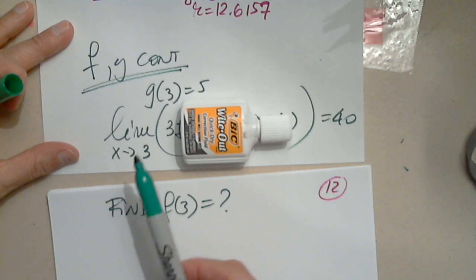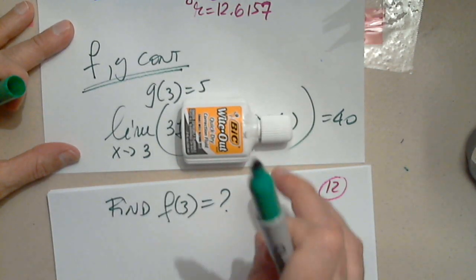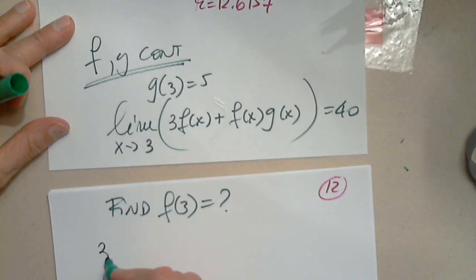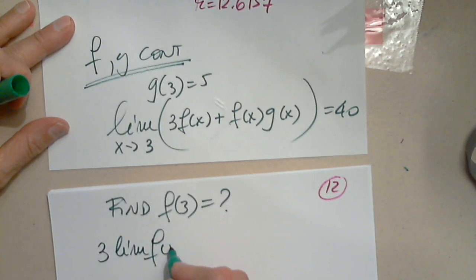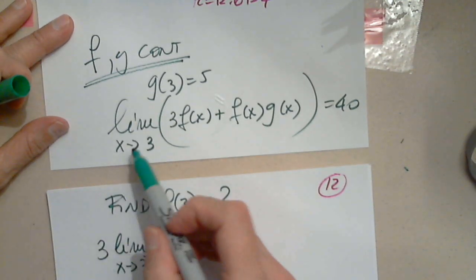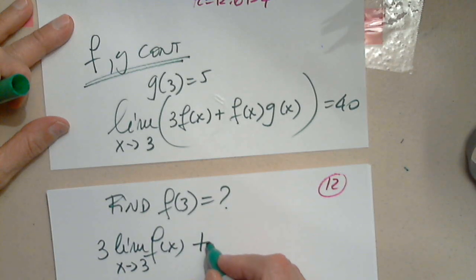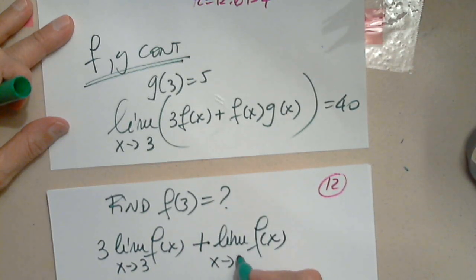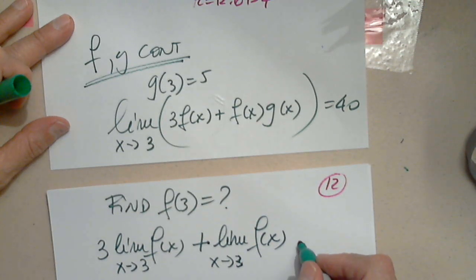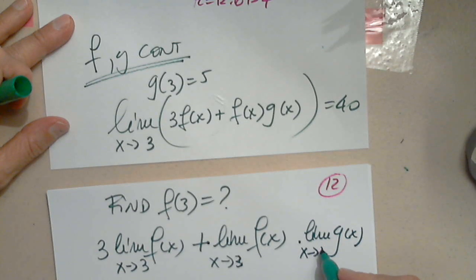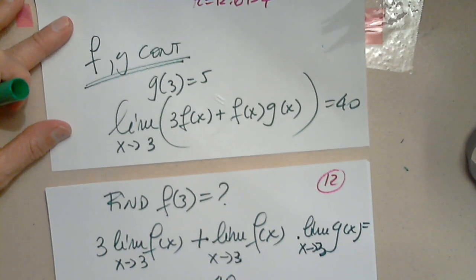So I can apply limit laws, and I will do that. So the limit of this will be 3 times the limit of f of x as x approaches 3, plus the limit of f of x as x approaches 3 times the limit of g of x as x approaches 3, and all this equals 40.